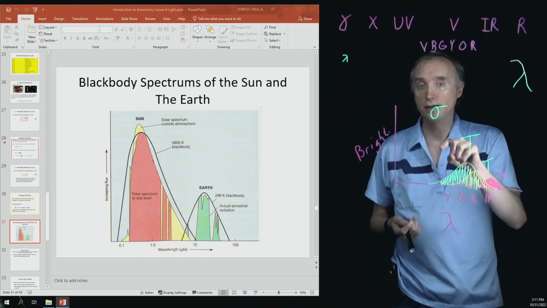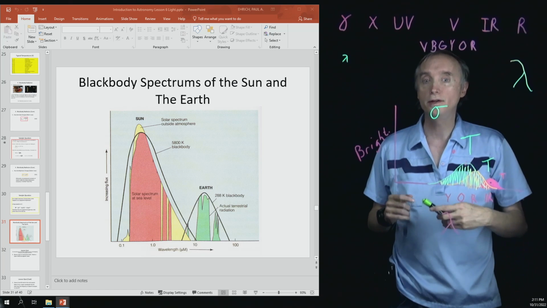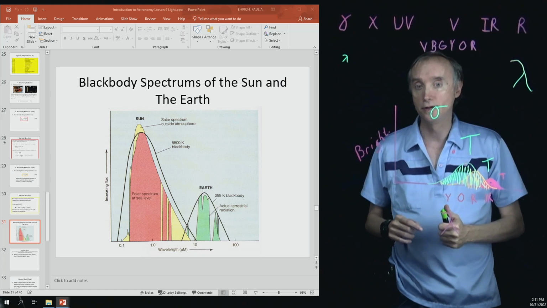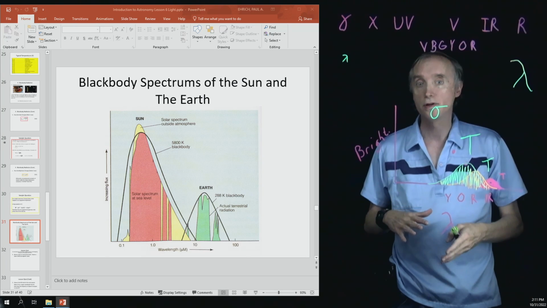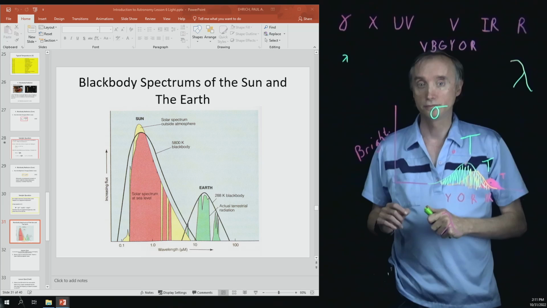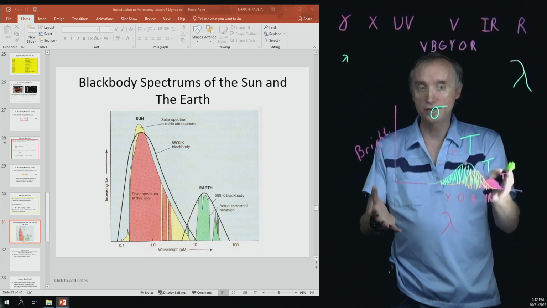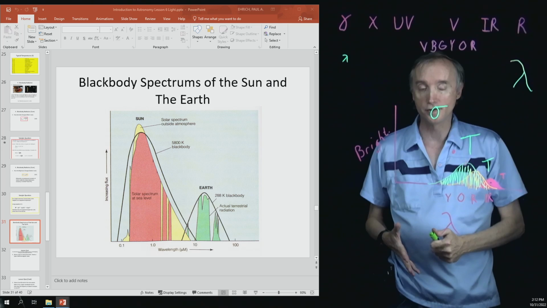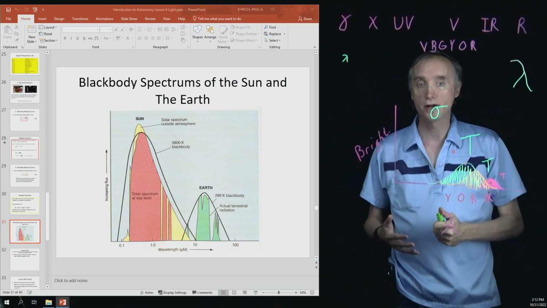And then inside of it, you see the real black body for the sun. Do you notice that it pretty much coincides with that black line? So these ideas of a black body curve and the black body formulas work for the sun.